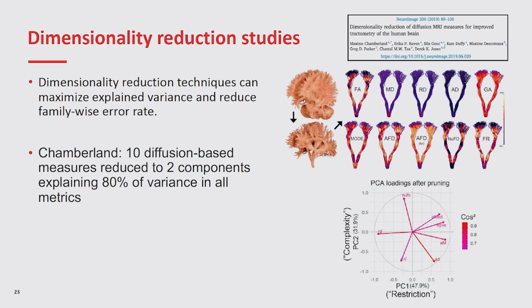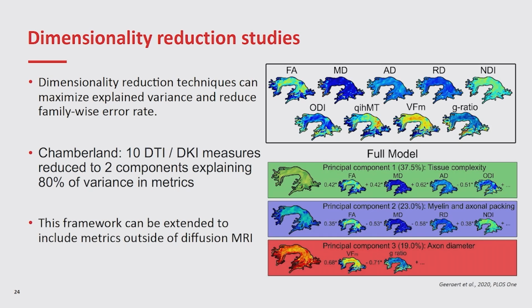This expands beyond just diffusion-based metrics. All 10 of these, like I mentioned, were based on diffusion tensor imaging or kurtosis or something like that. I ran a follow-up including some multimodal sequences, not diffusion-based, like magnetization transfer, g-ratio, and water fraction, and found, again, components that explained 80% of variance in our model, but instead of just 2, there were 3.